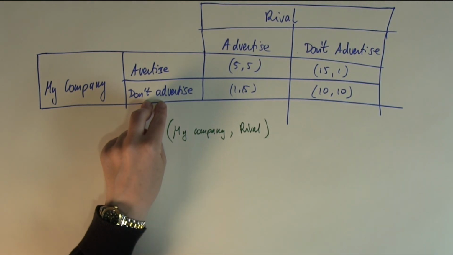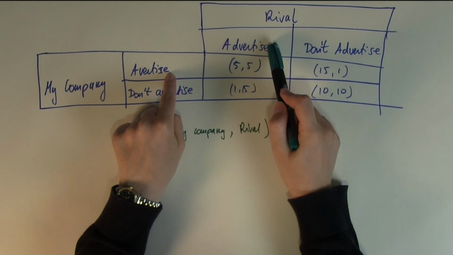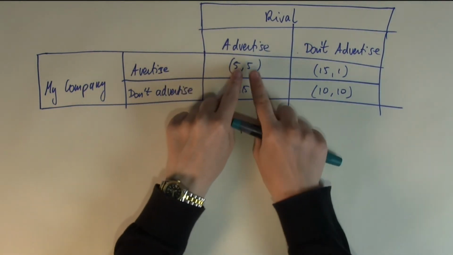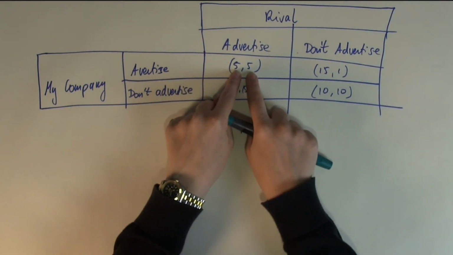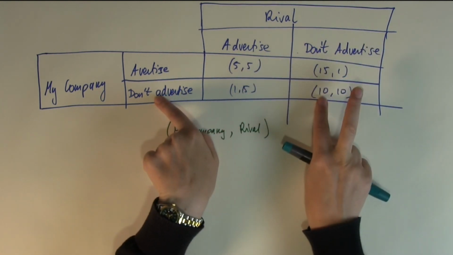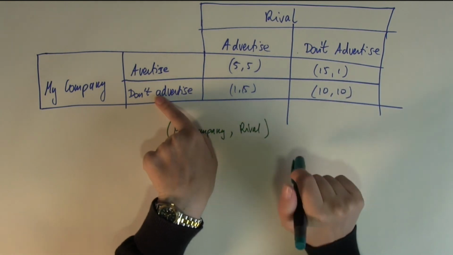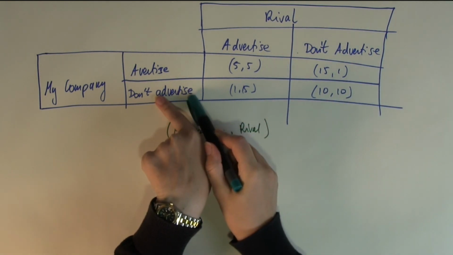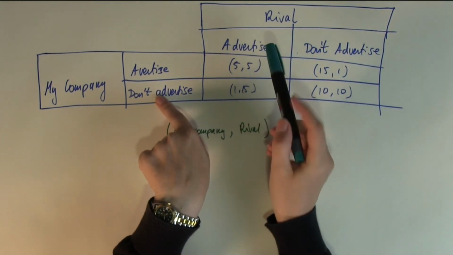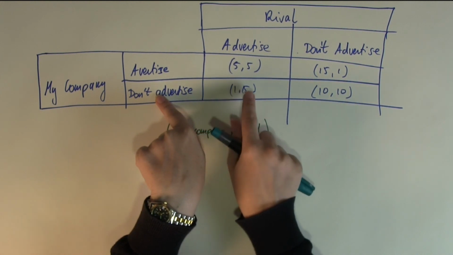So what is going on in here? If both of us are advertising, both of us earn 5 million. If neither of us advertises, we both earn 10 million. Whoever decides not to advertise while the other one is advertising, the person who's not advertising only gets 1 million, while the person who is advertising gets 15 million.